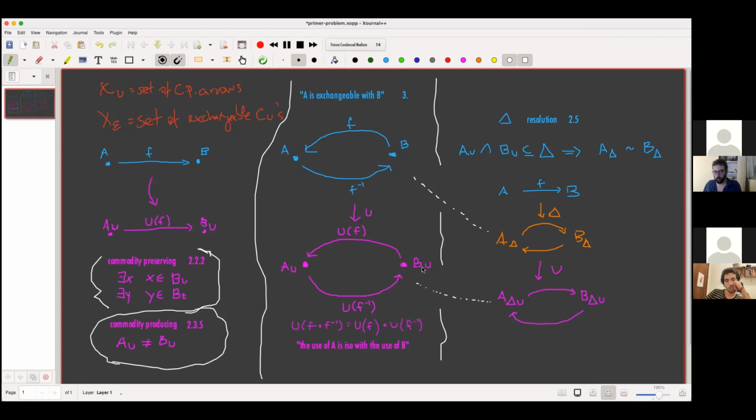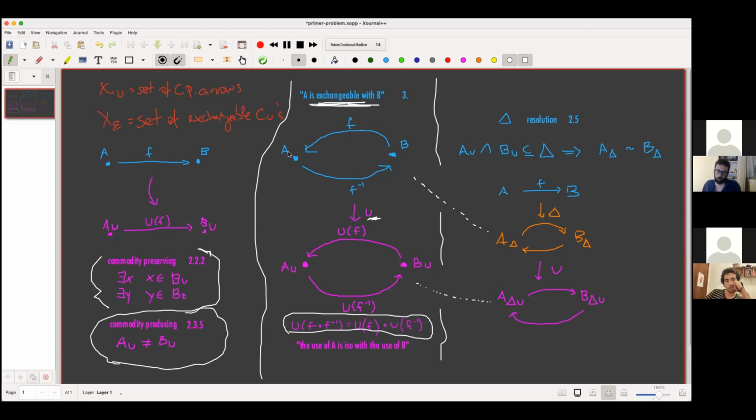A book and a shoe or whatever, they can't be used in production. So that means that U is not a well-defined functor. It doesn't satisfy this.